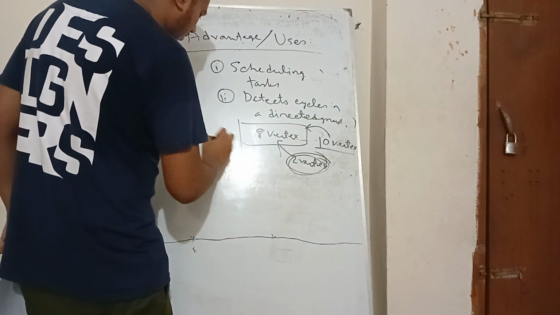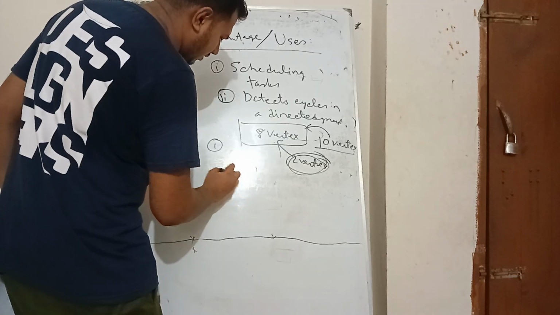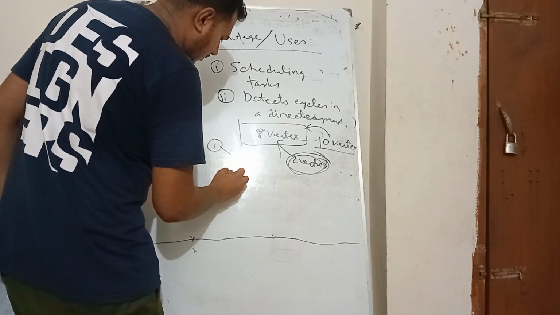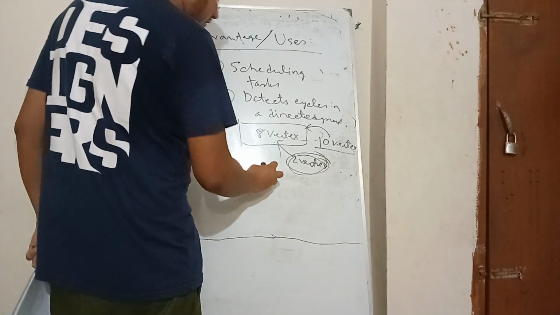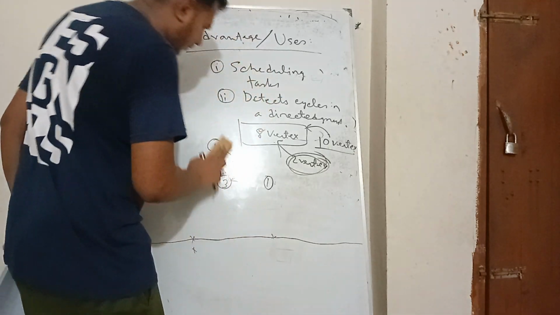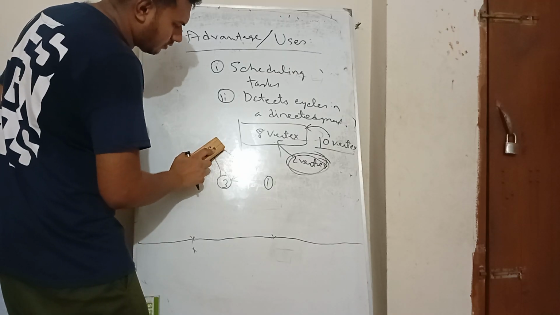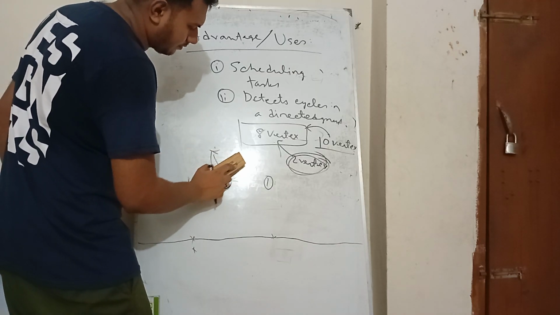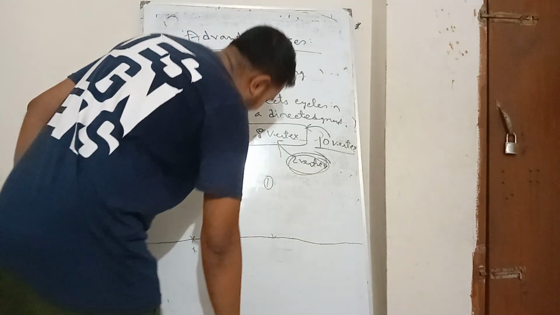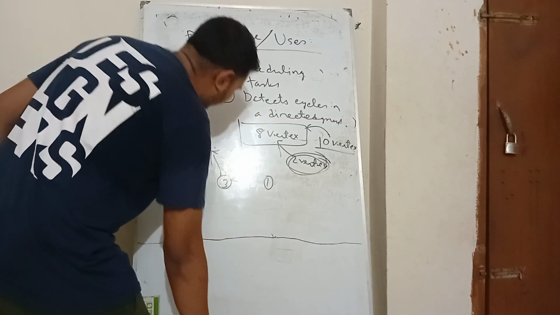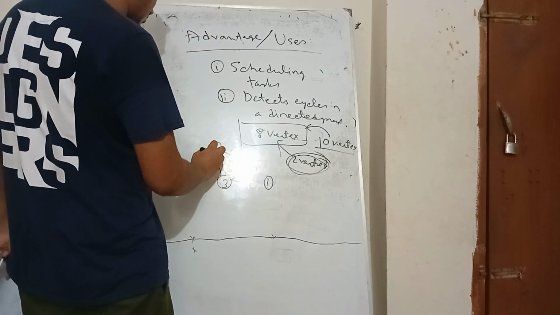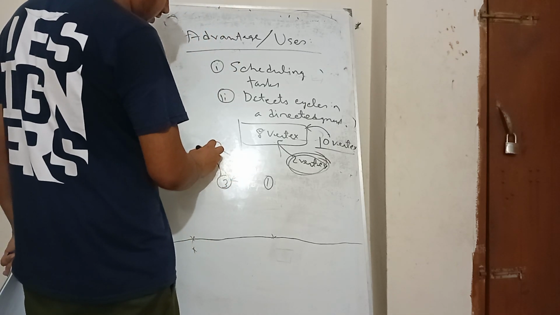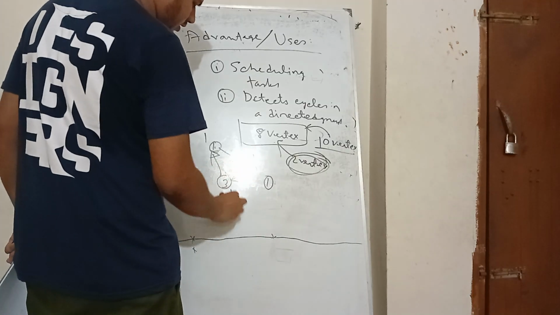Suppose 1, 2, 3. After topological sort, remove 1. Okay. Sorry. Can we remove 1? Actually, no. Because 1 has in degree 1, 2 has in degree 1, 3 has in degree 1.